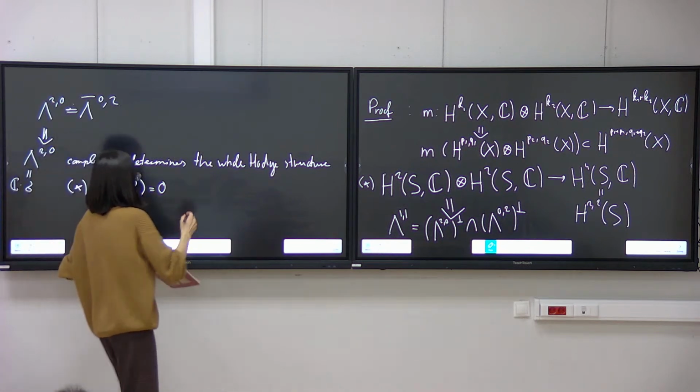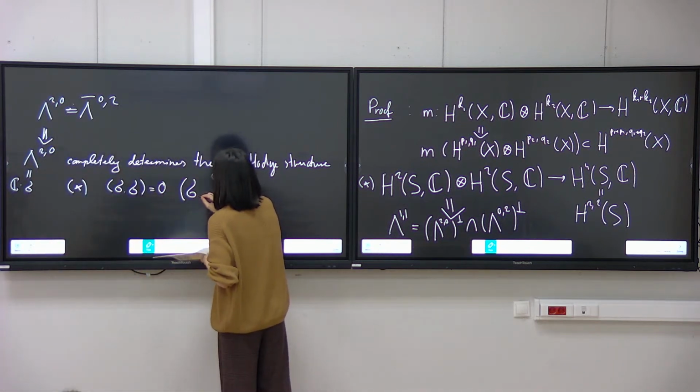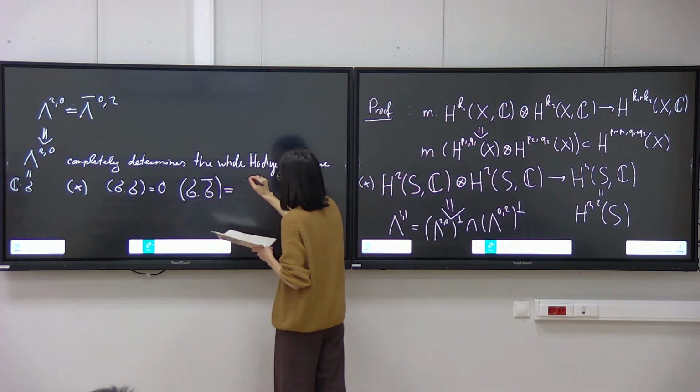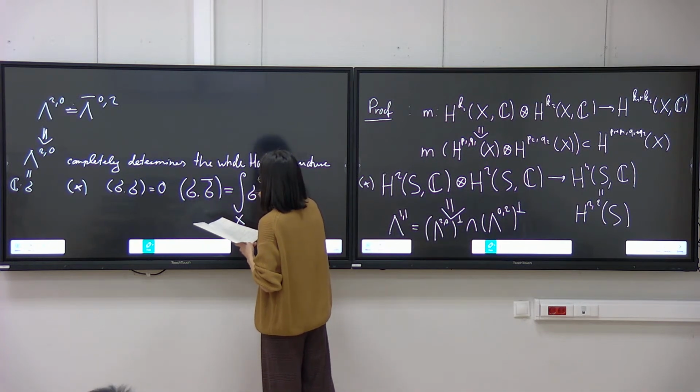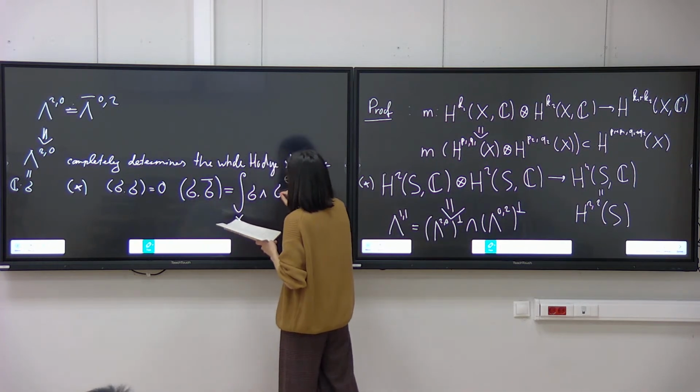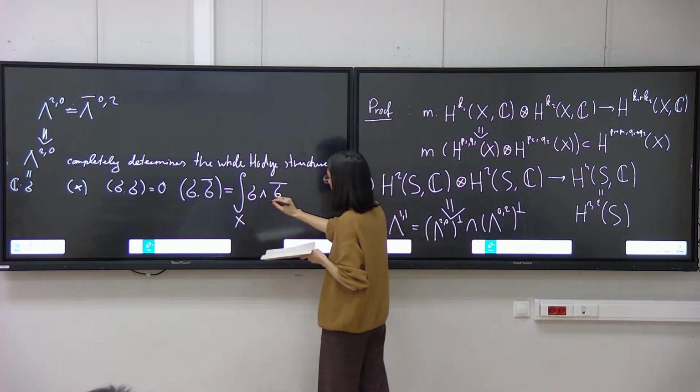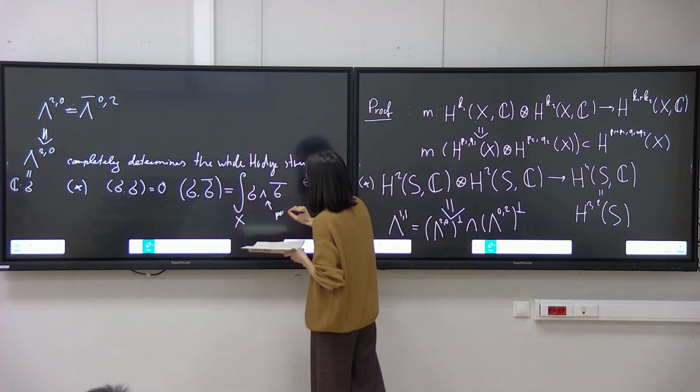And now for this thing, this intersection is just by definition an integral over this form, and this is a positive form.